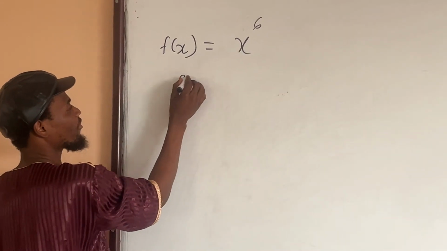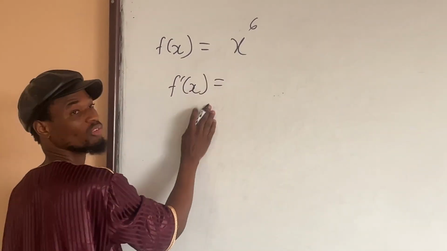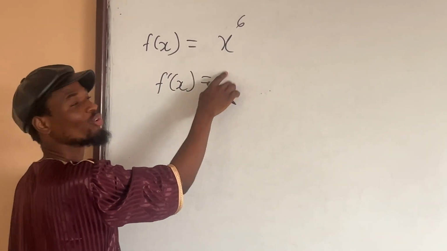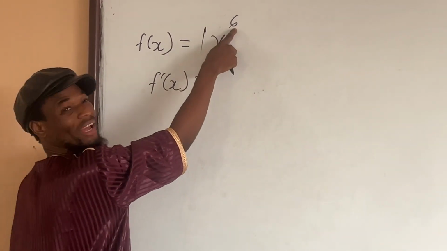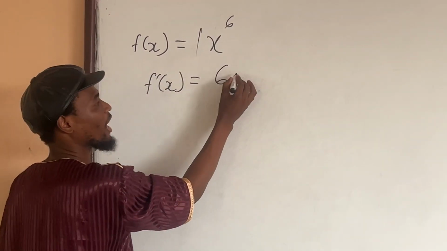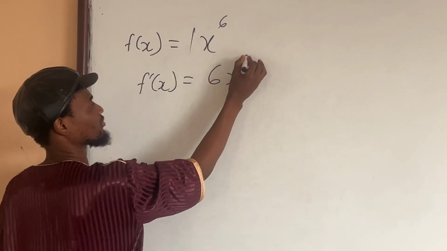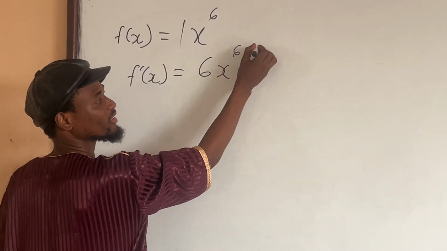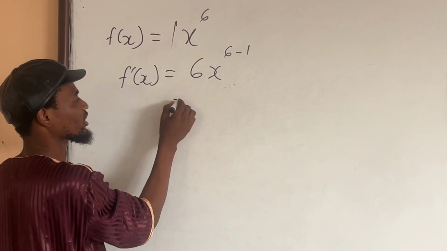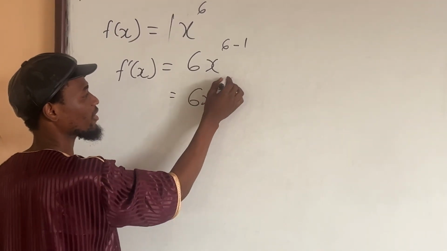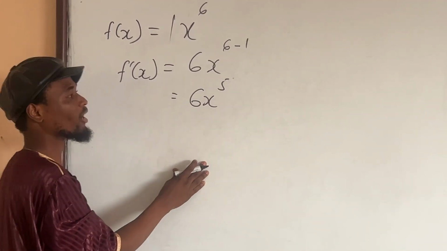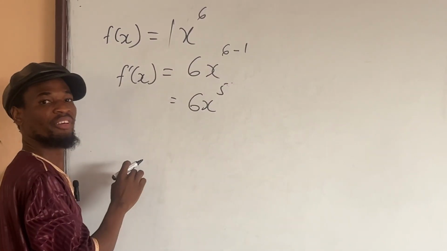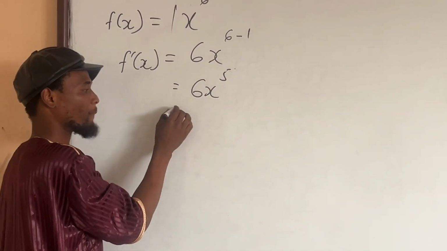So we have f prime of x is equal to, using the power rule, what do we have? 1 multiplies 6, so I have 6, then x to the power what? 6 minus 1, which is equal to 6x to the power 5. So this is differentiation of functions using the power rule.